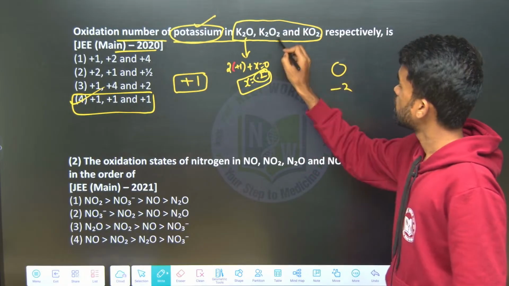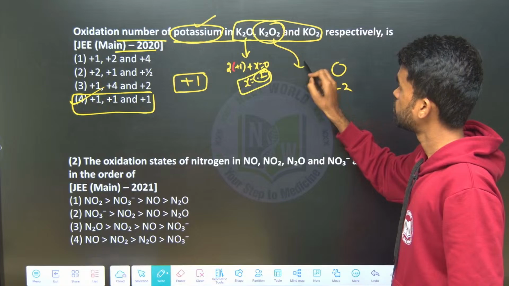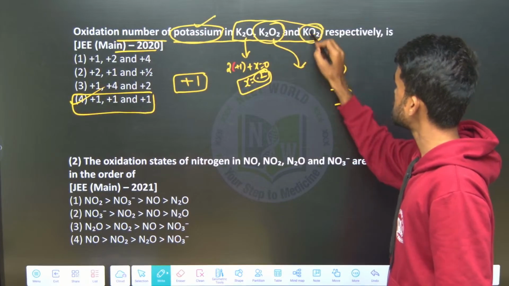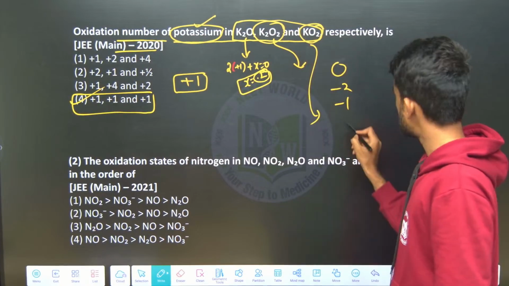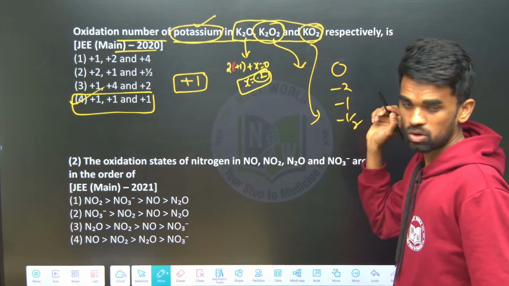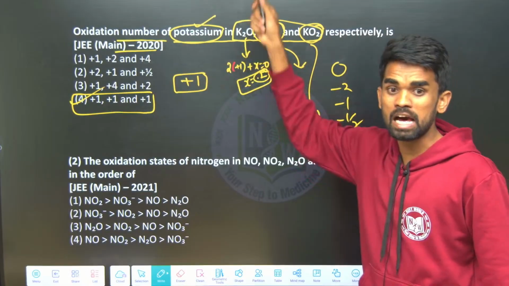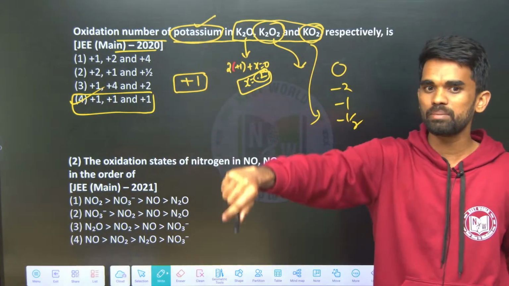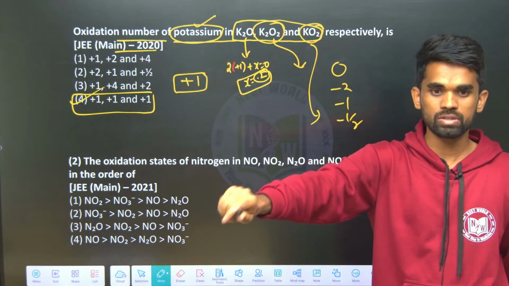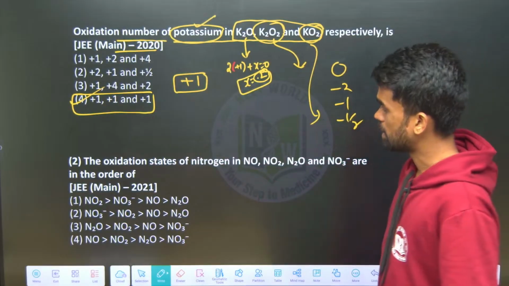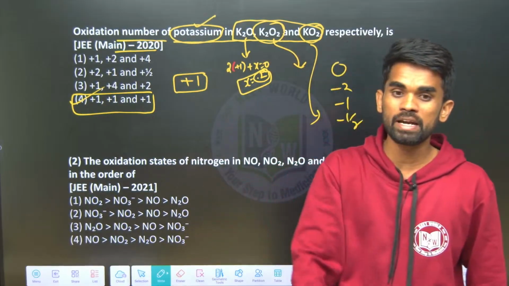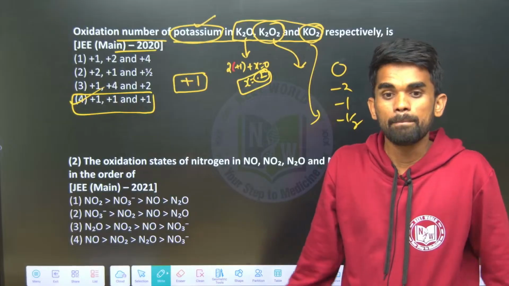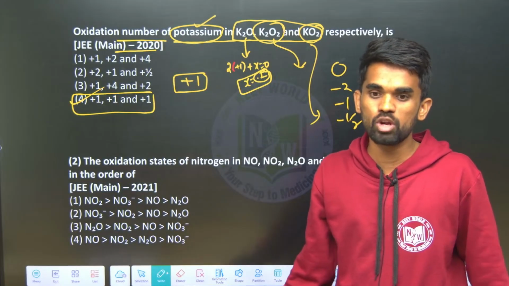Next, in peroxide form, minus 1. In this case, minus half. That's it. But for alkali metals it is always a fixed number, plus 1. For alkaline earth metals plus 2, that is also fixed. Next, for fluorine in combined states it is always minus 1, because it is more electronegative.